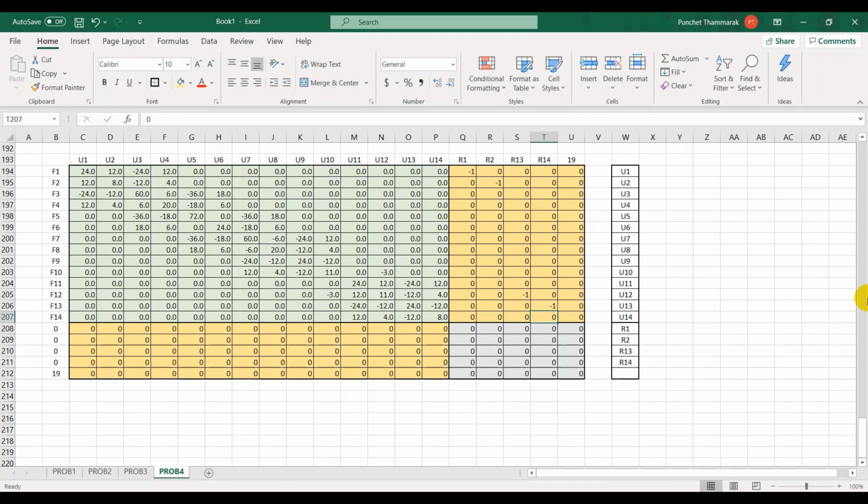Okay, all right. Minus 1, come down to 13, 14. Okay, it was supposed to be 0 here.